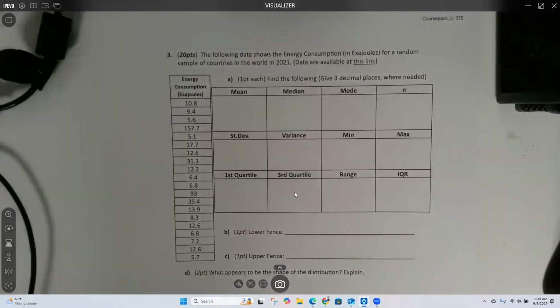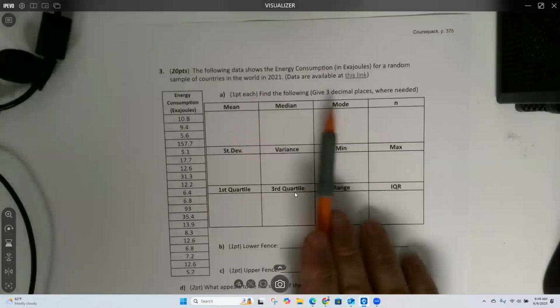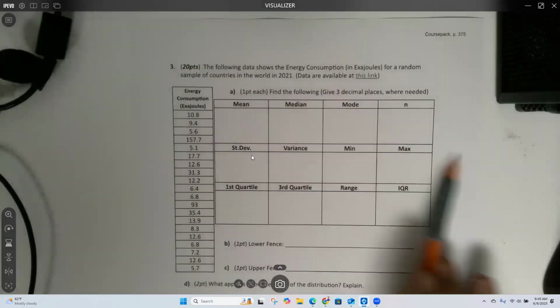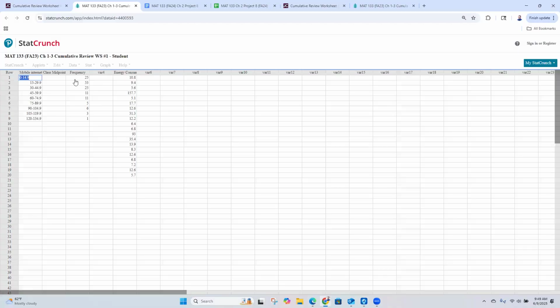So for this first one, find the following. There is a link again where you can go get this data in StatCrunch. And that's right here, the energy consumption right here.